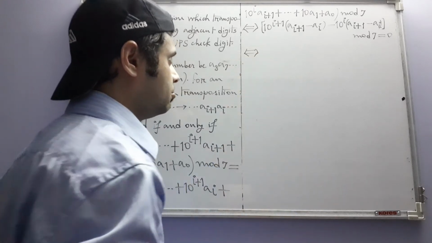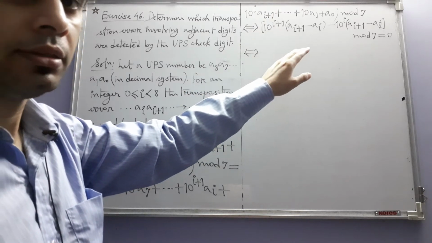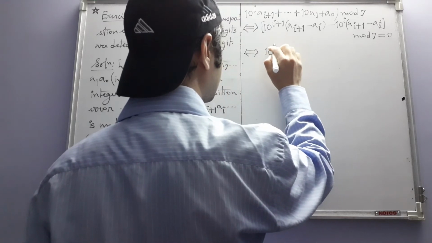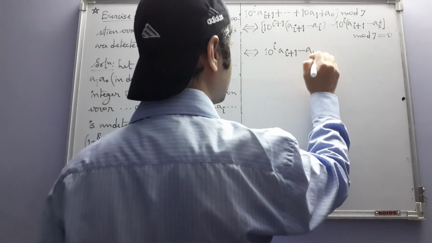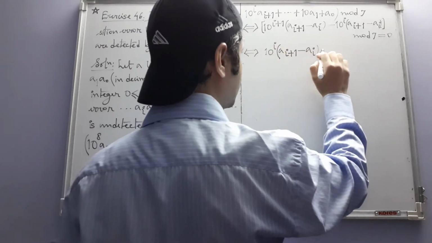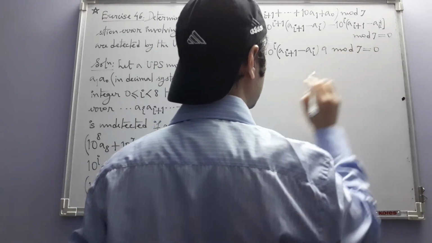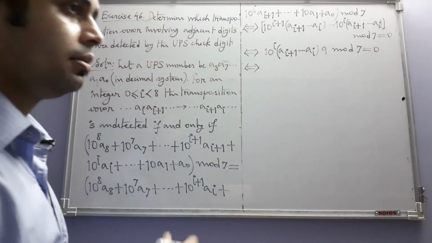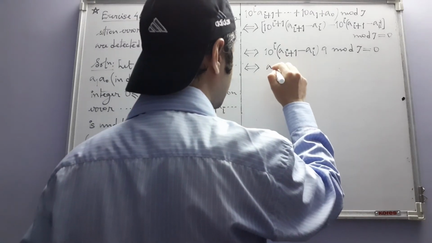Now what we can do is take 10 to the power i times A_{i+1} minus A_i common out. Doing that will give us 10 to the power i times (A_{i+1} minus A_i) times 10 minus 1, that will be 9. This is equal to 0. Again gives the fact that both 9 and any power of 10 are relatively prime to 7.